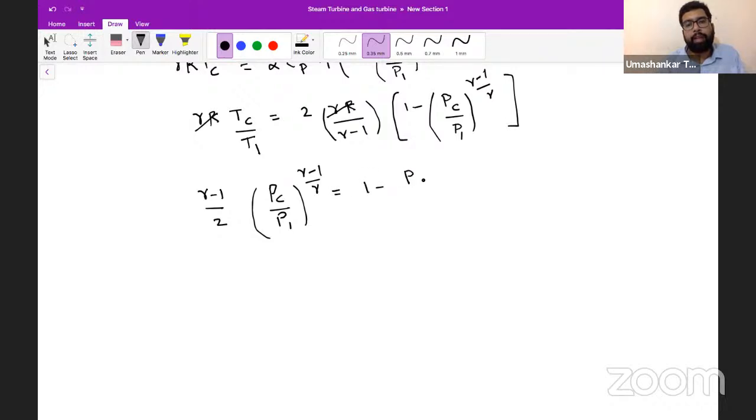So we can write Pc upon P1 to the power gamma minus 1 by gamma.